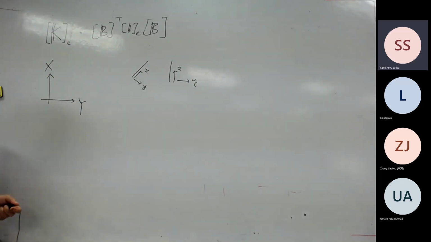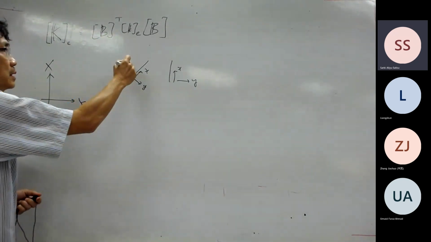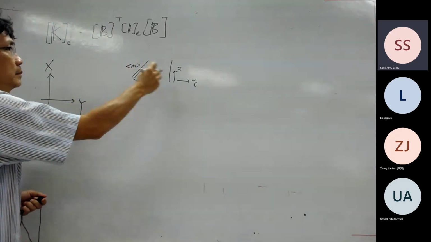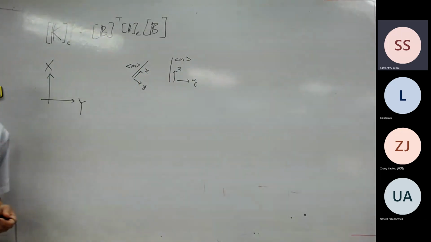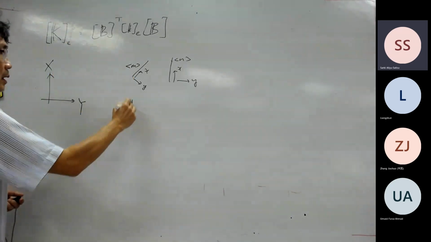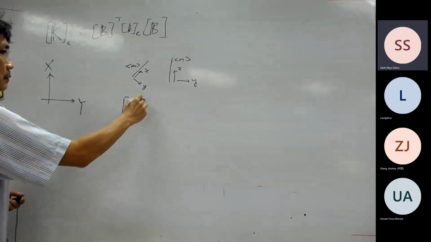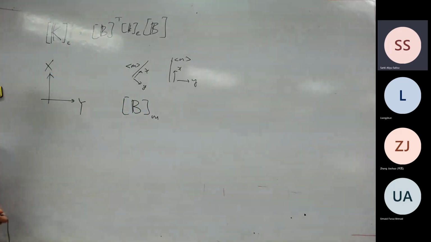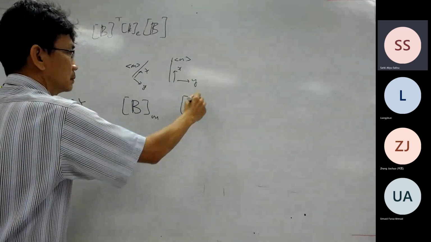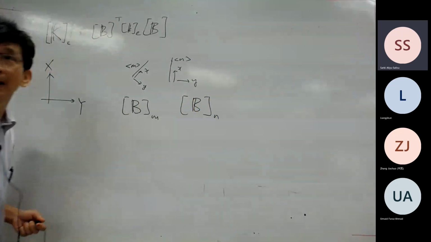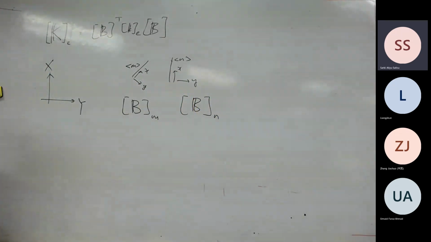In order to change everybody to refer to the global system, the B matrix, let's say I call this element M, and this one another element N, is different for each element. So this element has its own B matrix, and this element has its own B matrix.